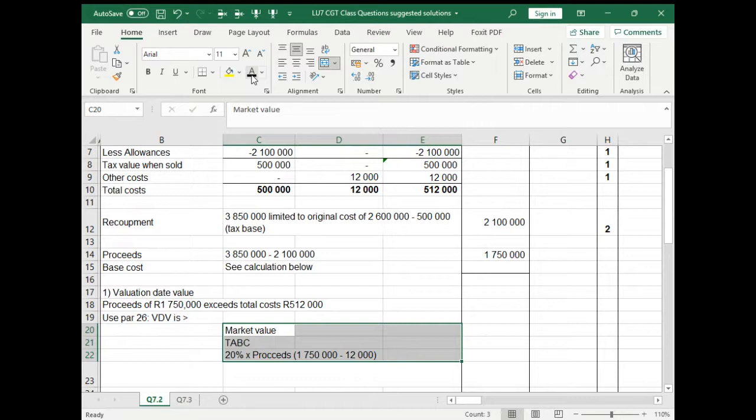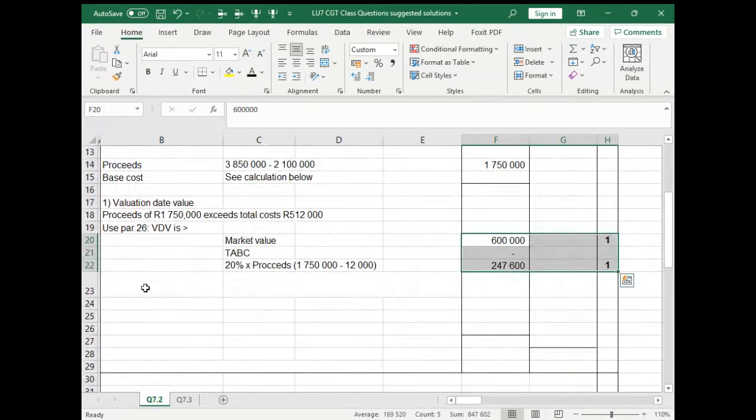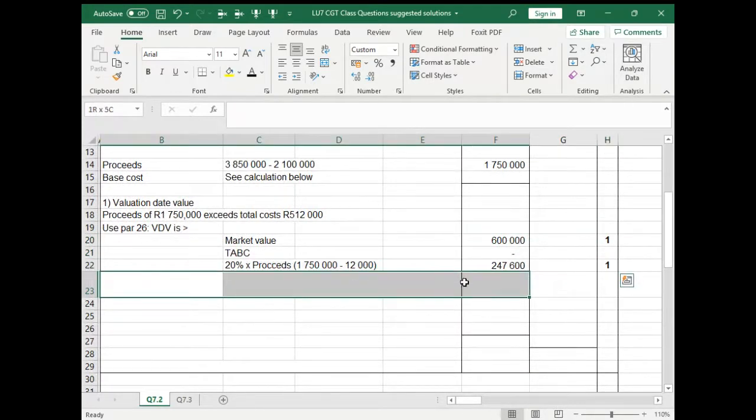We deduct that from the 1.75 million. Sorry, this is a 2. And what value do you get there? So what value did we work out?